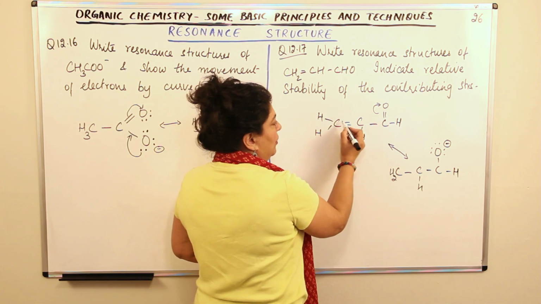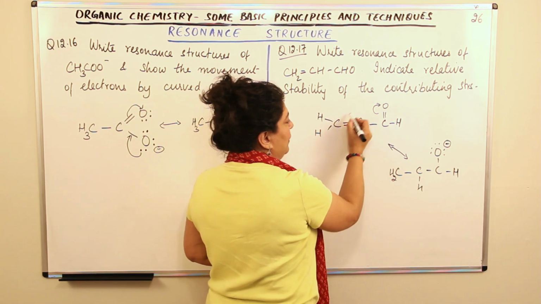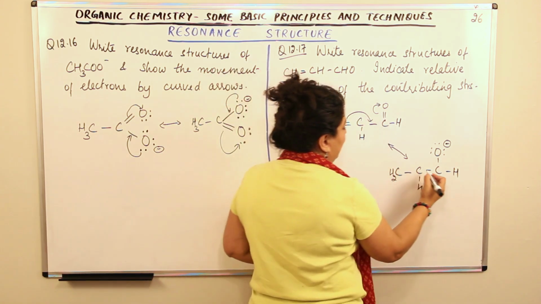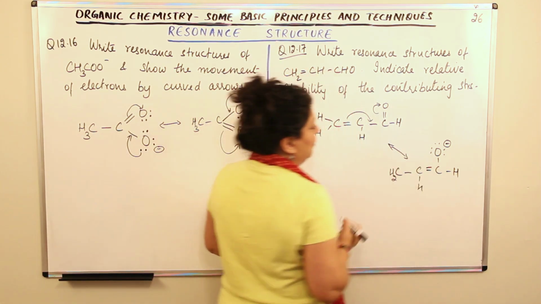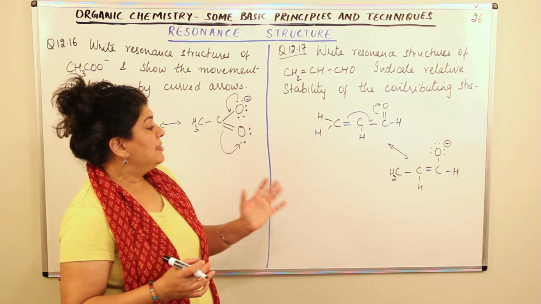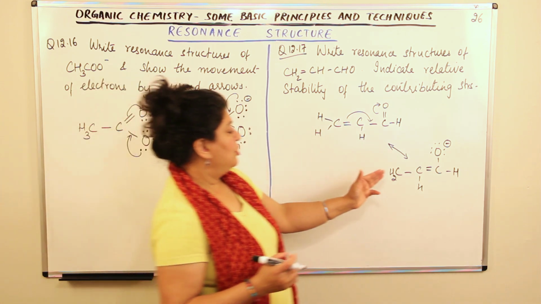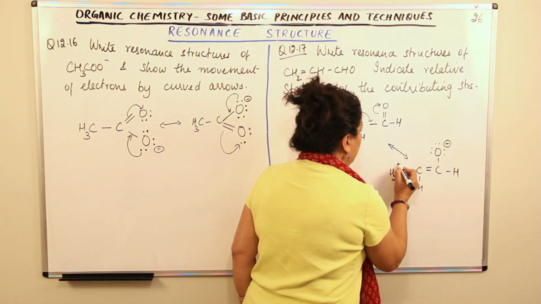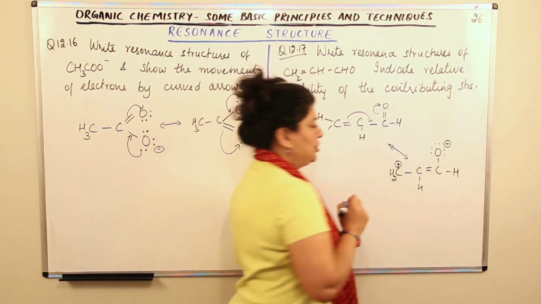It will try to remove the deficiency, and the electrons would move in this direction. And when the electrons move in this direction, the double bond comes here, right? So, as the 2 electrons move to that direction, the double bond comes here, and this CH2 acquires a positive charge.